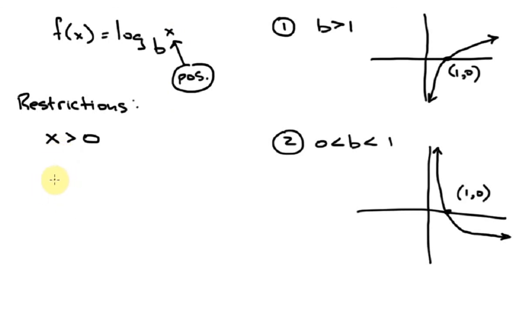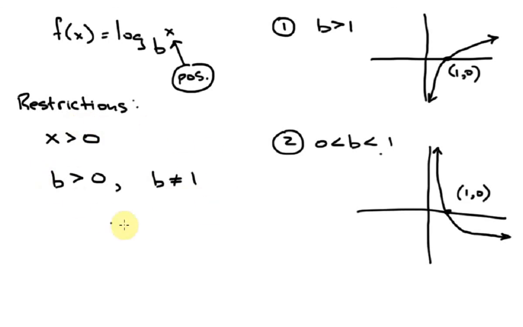And the other restriction is same thing for the base. The base has to be positive, and in addition, the base is not allowed to equal 1. Okay, so there's the base of your logarithmic function. As we know from our exponential functions, bases are greater than 1 or bases are positive fractions, but it's positive, greater than 0, but never equals 1.